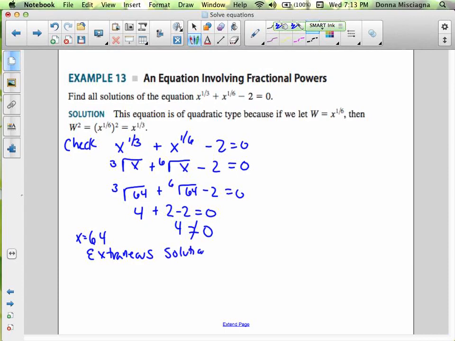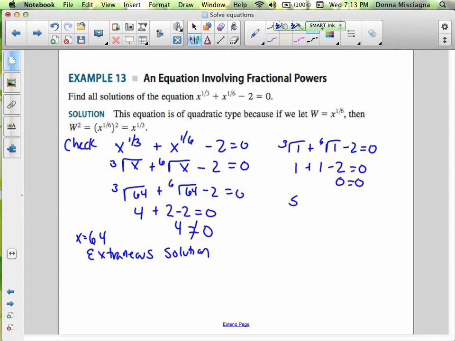That didn't work out. Let's try 1. So we have the cube root of 1 plus the 6th root of 1 minus 2 equals 0. The cube root of 1 is 1, and the 6th root of 1 is 1. And that one checks out because 2 minus 2 is indeed 0.